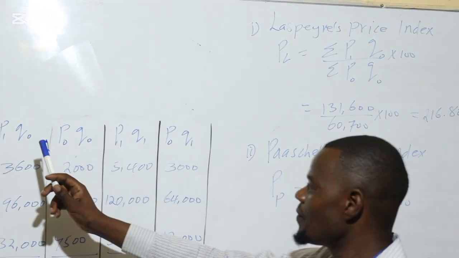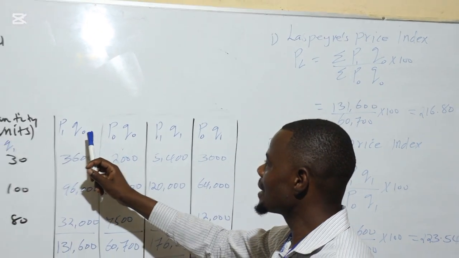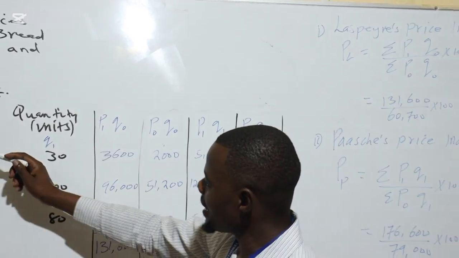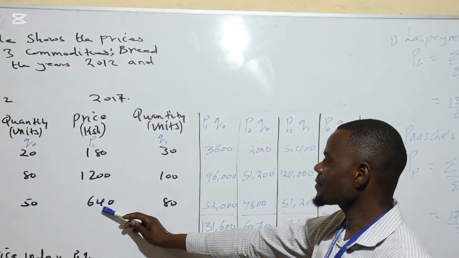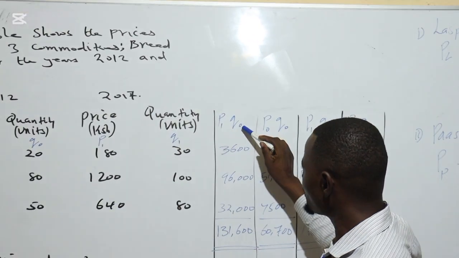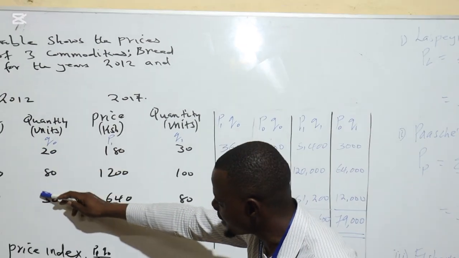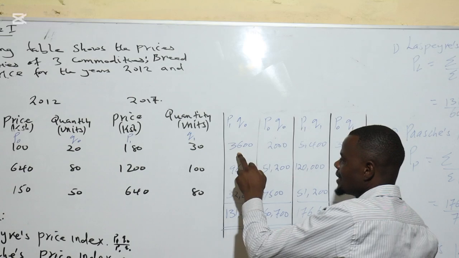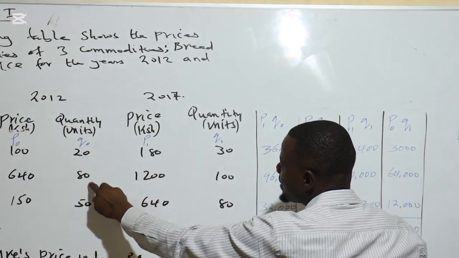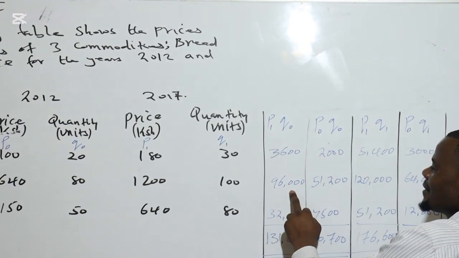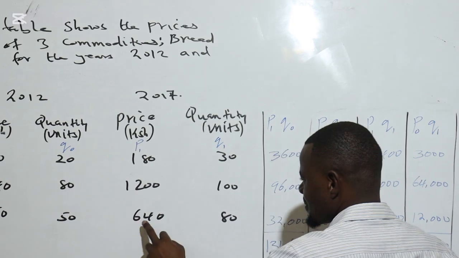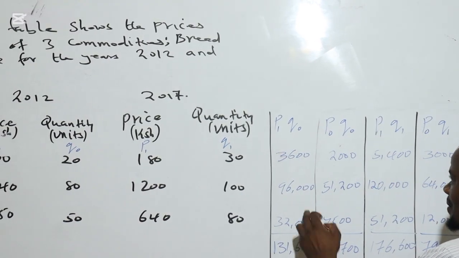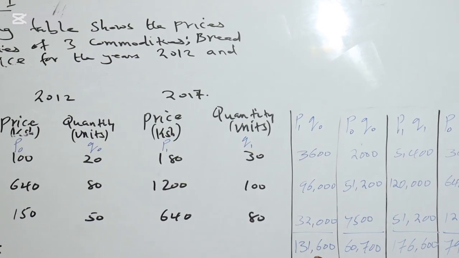So this is where I've worked out my P1 Q0. P1 is the price at the current year, Q0 quantity at the base year. So when you multiply 20 times 180, 3,600. 80 times 1,200, 96,000. 50 times 640, 32,000. When you sum, you get this summation.